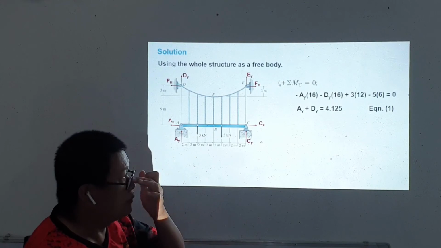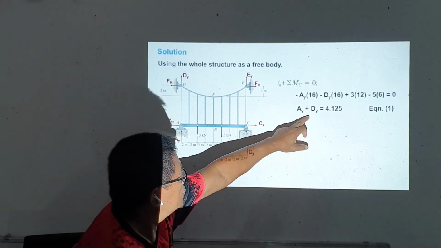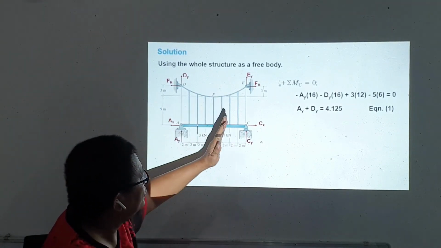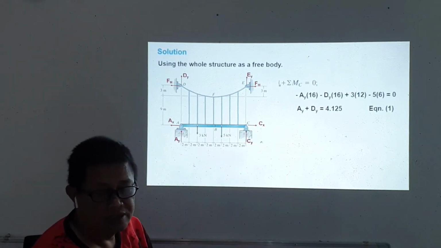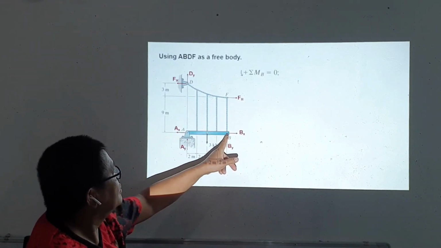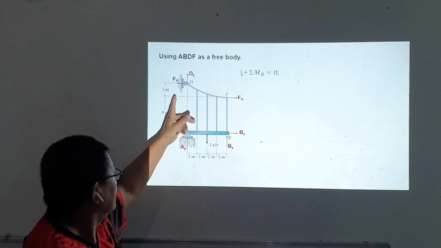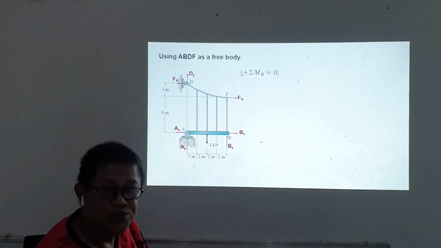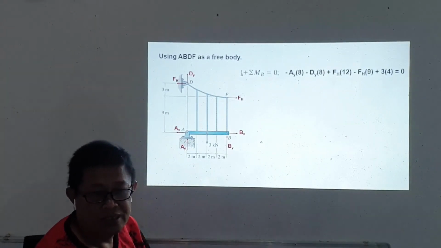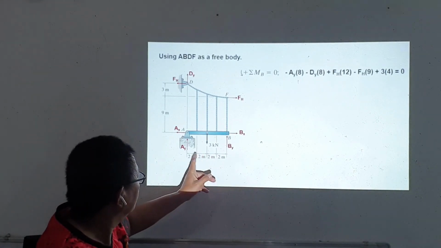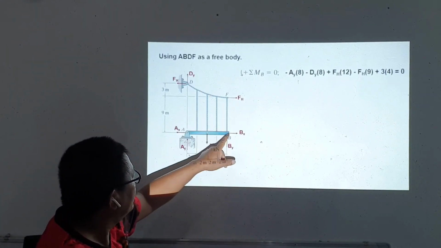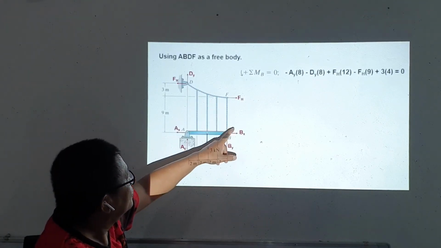In order to solve this, because there are two unknowns, Ay and Dy, we separate one half of the structure from the other segment. We consider first the left segment. For the left segment, the sum of moments at joint B equals 0, so that we can have a second equation relating Ay with Dy. That equation is Ay times 8, 1, 2, 3, 4 times 2, which is negative because it is clockwise, and minus Dy times 8 also.